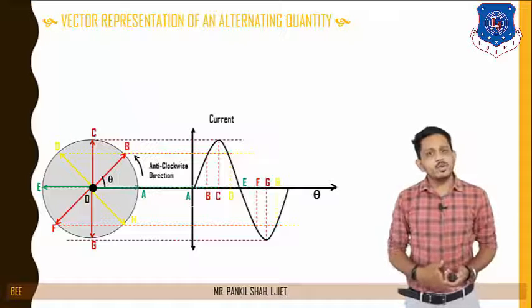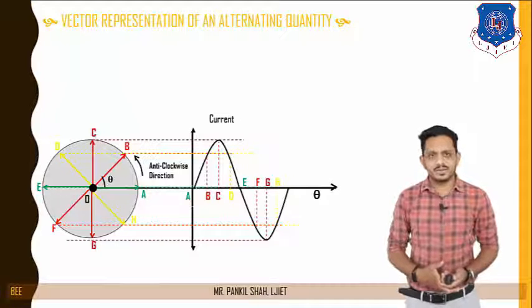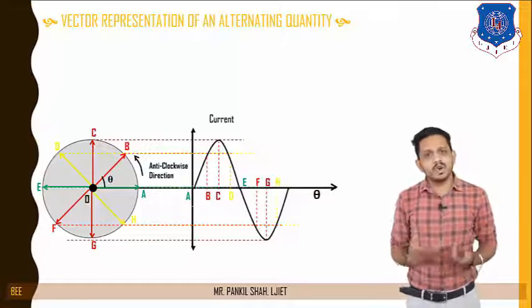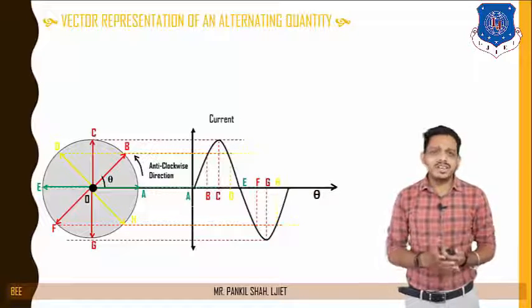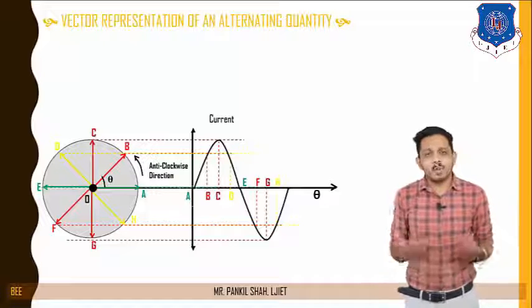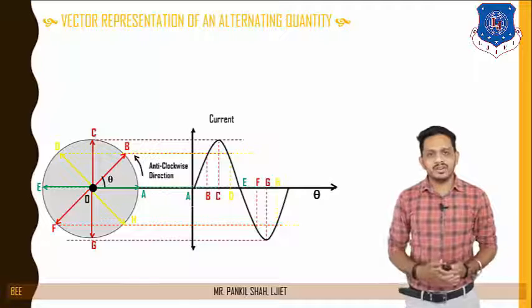So in this way you can represent so many vectors from any waveform, and vector representation of any alternating quantity is very easy. We can apply many mathematical operations on these vector quantities.